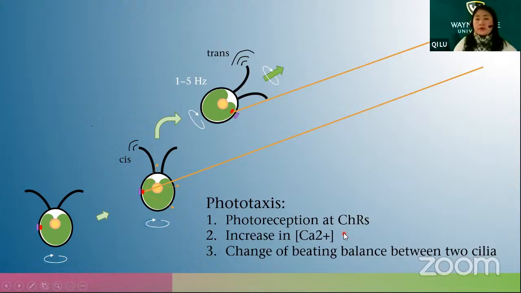So we mentioned before that the higher concentration of calcium will cause the trans cilium to beat. So the trans cilium beats, and this movement will cause the green algae to turn its movement direction and move towards the light resource.